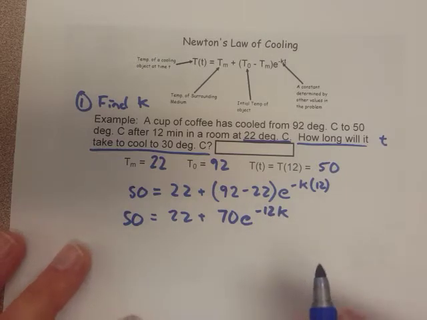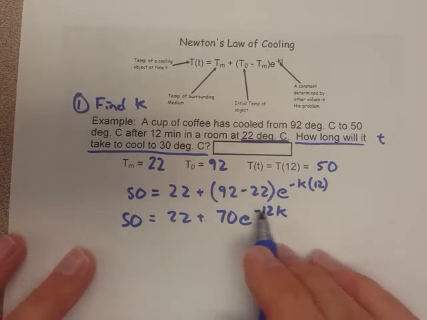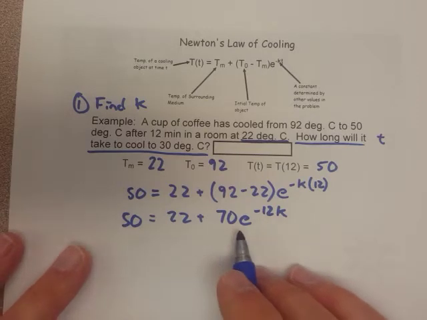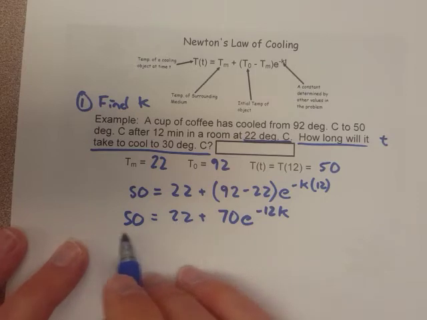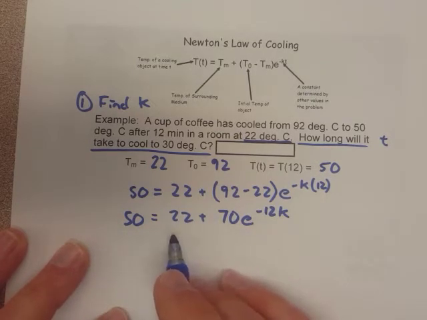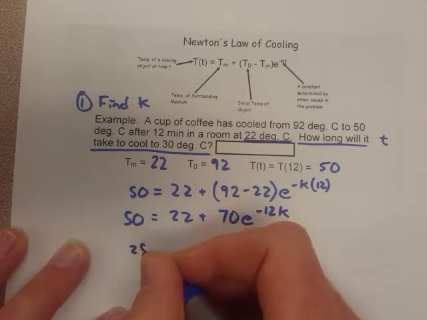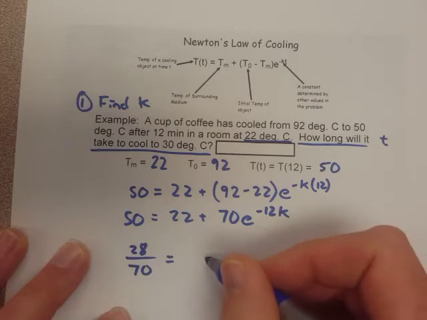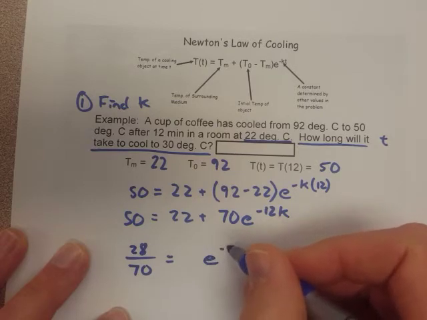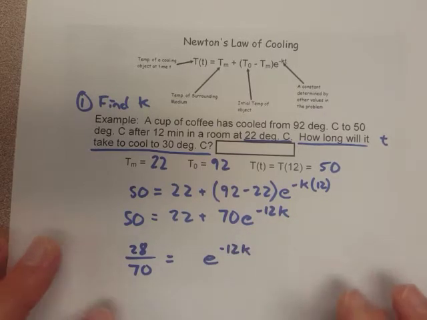We're eventually going to use some logs to solve this equation, but let's get the e stuff taken care of here by getting the stuff around it out of the way. So let's subtract the 22 from the 50, then divide by 70. So that will give us 28 over 70 equals e to the negative 12k.